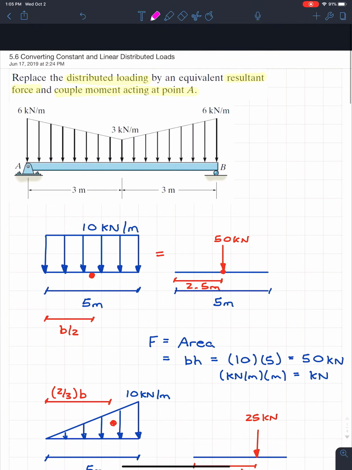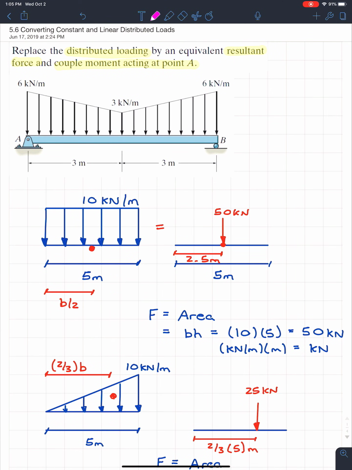Well, remember, the goal of this example was just to find the resultant force and resultant moment due to these external loads. Later on, which is next week, when we analyze these beams, we're going to have to take into account all the loads. We have the external distributed loads, but what's counteracting them?